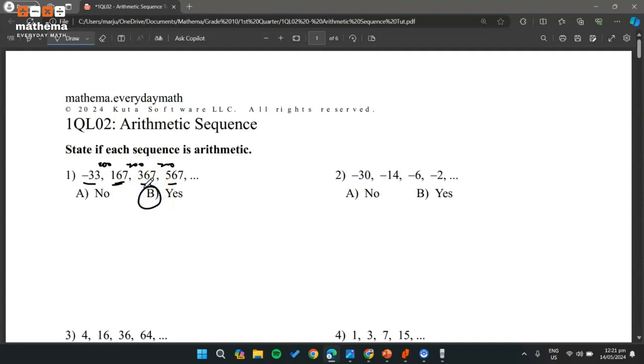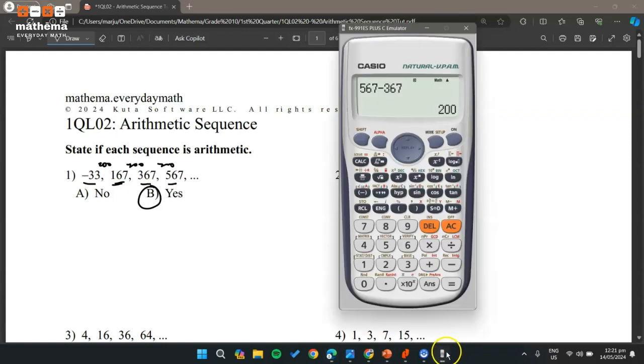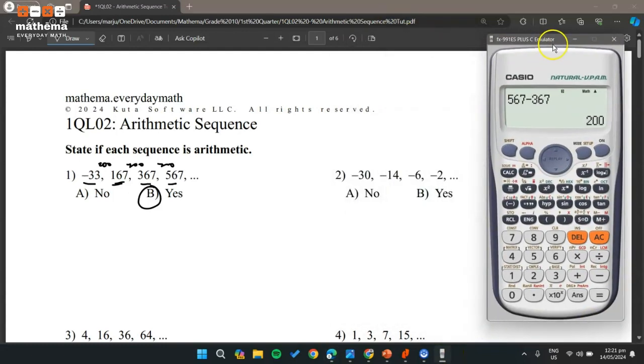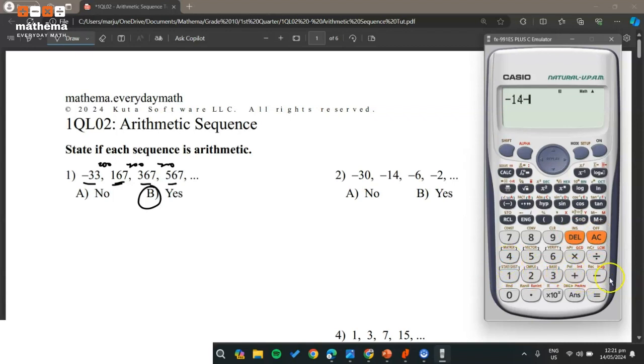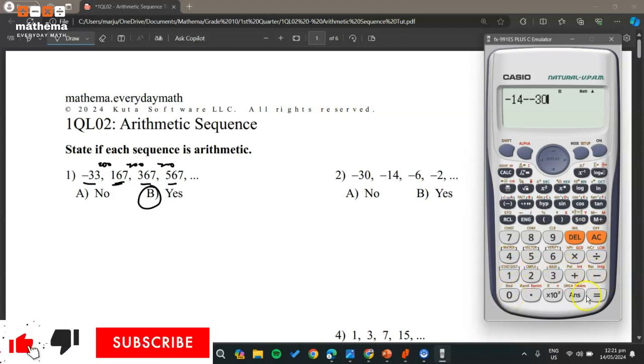What about number 2? We are going to do exactly the same as with number 1. We do negative 14 minus the negative of 30. That gives us 16.